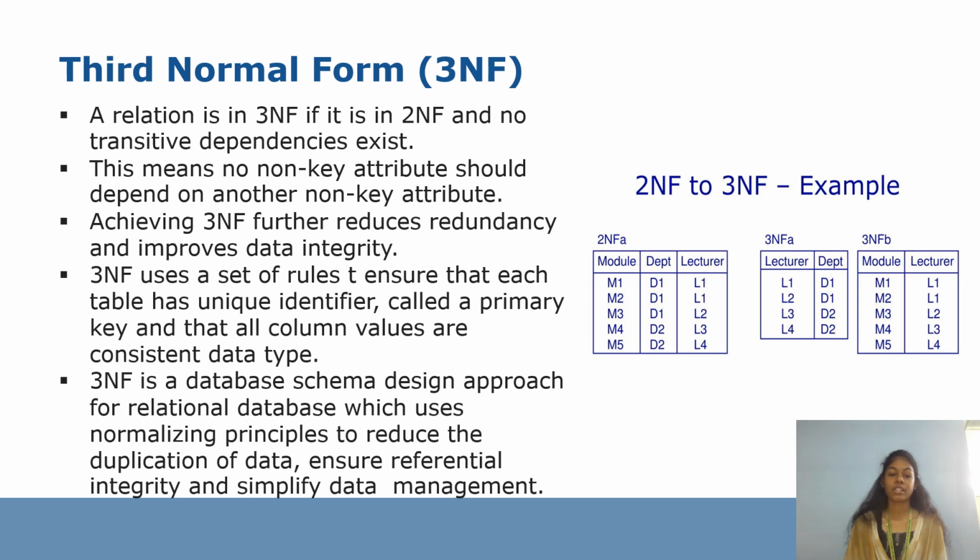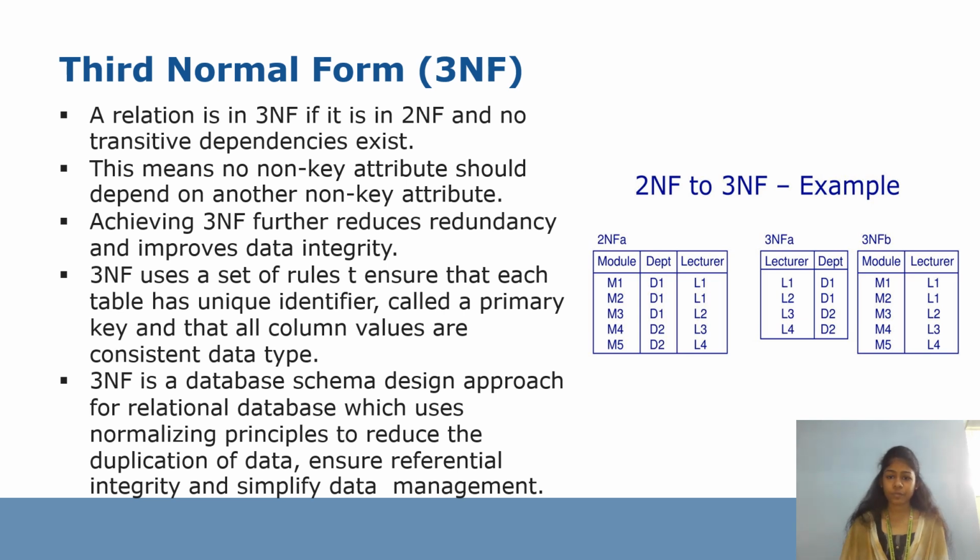It ensures that each table has a unique identifier called a primary key and that all column values are of a consistent data type. 3NF is a database schema design approach for relational databases which uses normalizing principles to reduce the duplication of data, ensure referential integrity, and simplify data management.